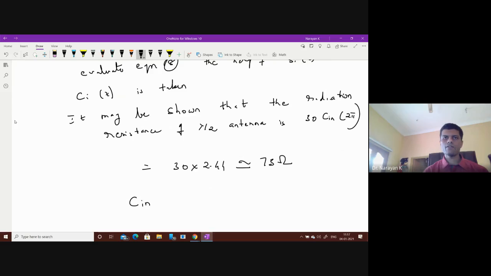Sorry, C of n is known as the cosine integral.